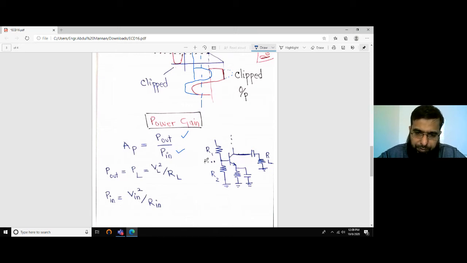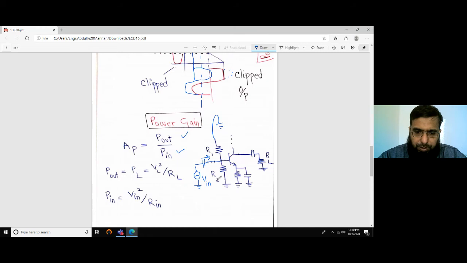If we complete this circuit like this, we have a source resistance Rs in here. So the input power would be Vin squared over the input resistance that we see when we look into the base terminal right here. We see this R1 grounded for AC, and this R2 is grounded.